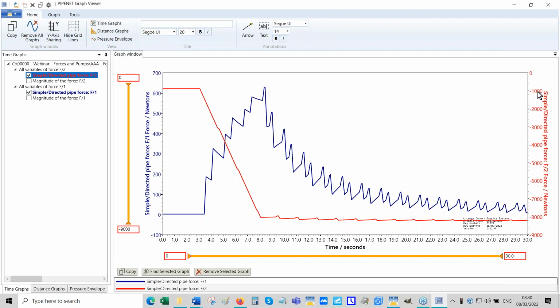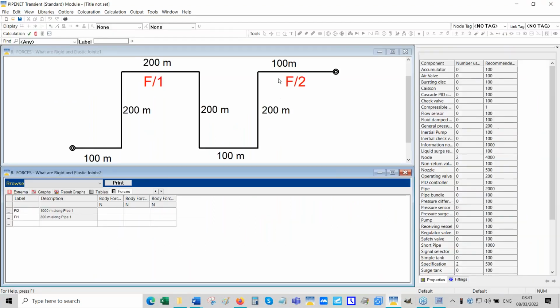And you can see it's negative because it's in the opposite direction to the direction of the pipe, whereas the first unbalanced force is positive because that is in the direction of the pipe. So that is significantly bigger than that.